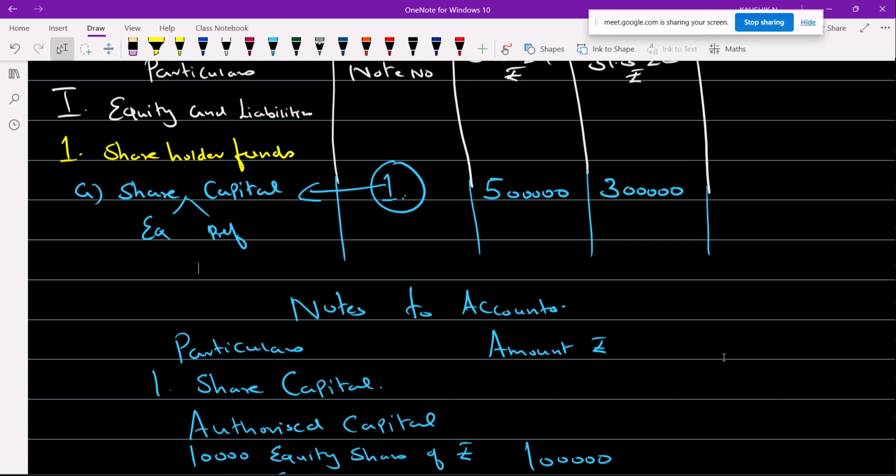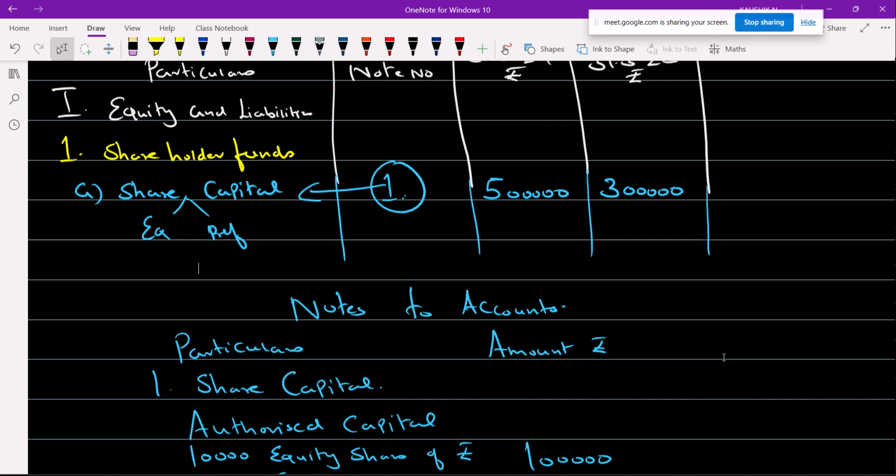I have not mentioned anything in your balance sheet, but if you check your notes to account you will have clear clarity on how many equity shares and how many preference shares there are, and altogether the total value. That value will be equivalent to your current year share value. So notes to account will give you detailed information about each and every item appearing in your balance sheet.